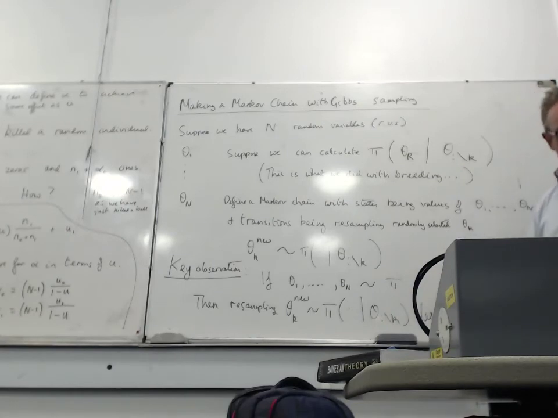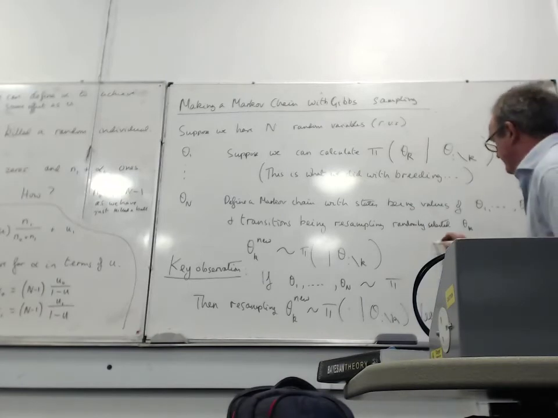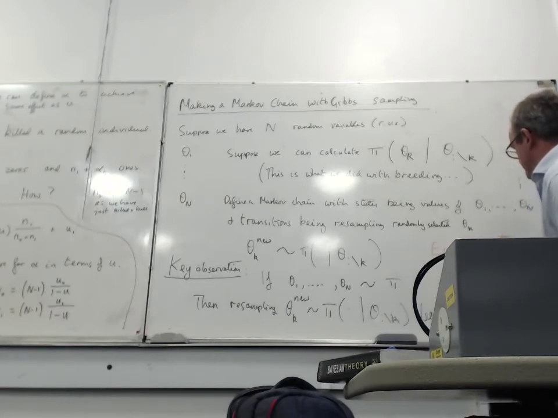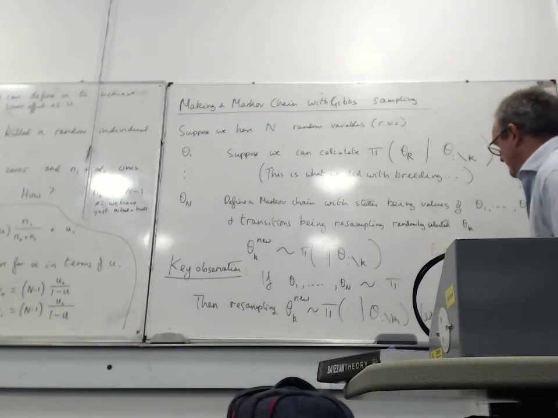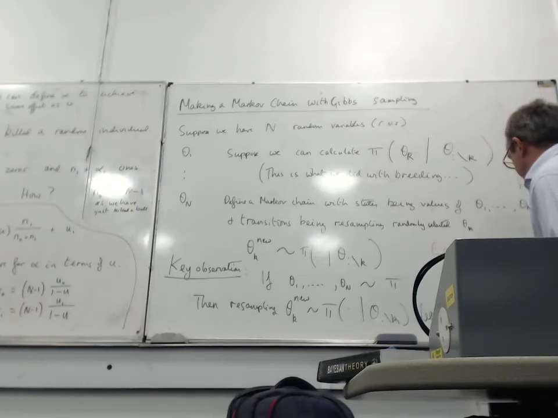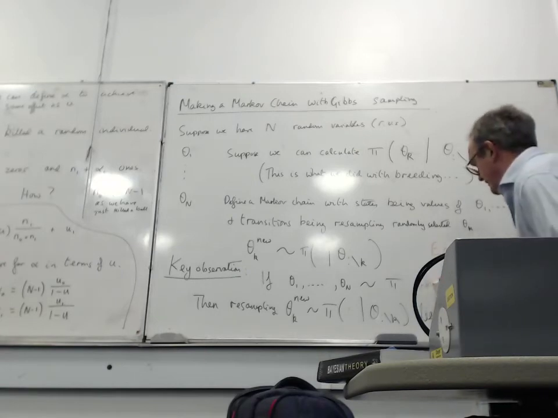So when I write it up, the equilibrium distribution of this sampling is pi. The answer is why?